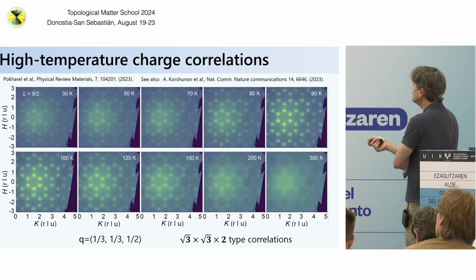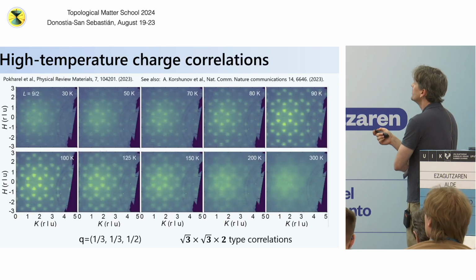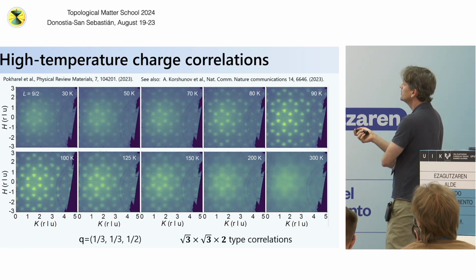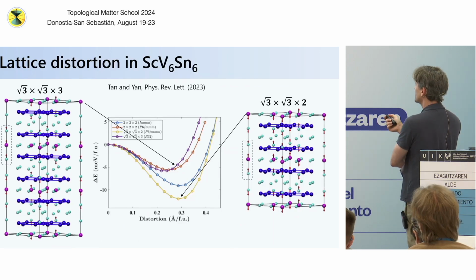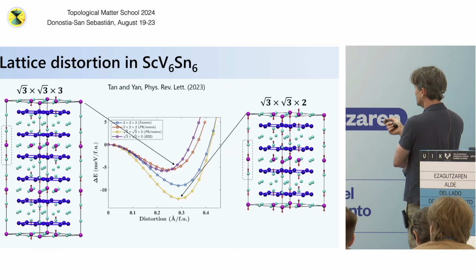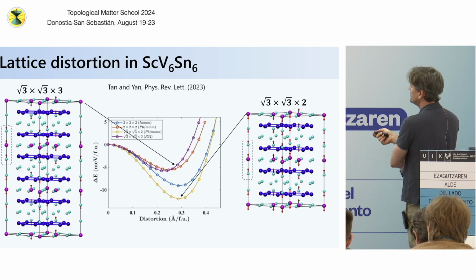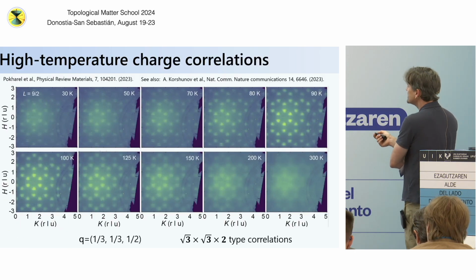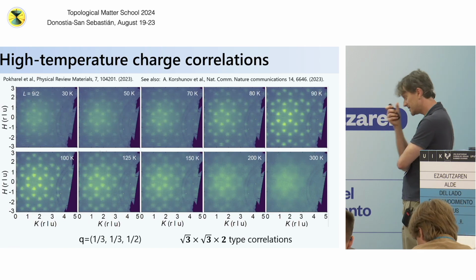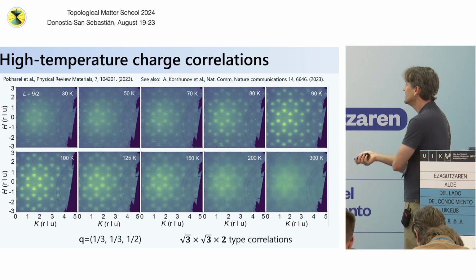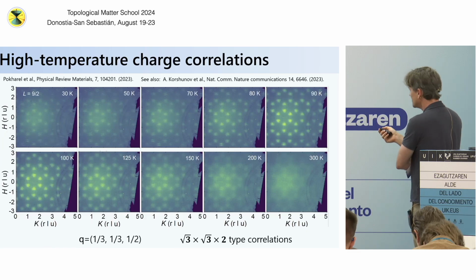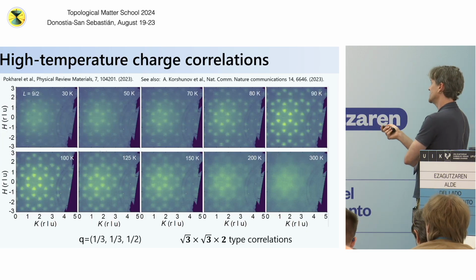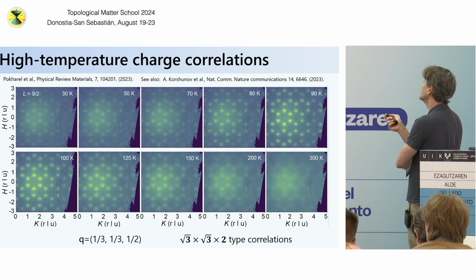And so one thing that you can look at in this compound is diffuse scattering. You can look at the wave vector associated with this structure, which is not the ground state. This is the wave vector that DFT predicts should be the ground state. And what you find is that when you look at diffuse scattering, which corresponds to short-range charge correlations, there's actually substantial diffuse scattering even at room temperature in this system that grows and increases in intensity until you hit the charge order transition and then starts to diminish.